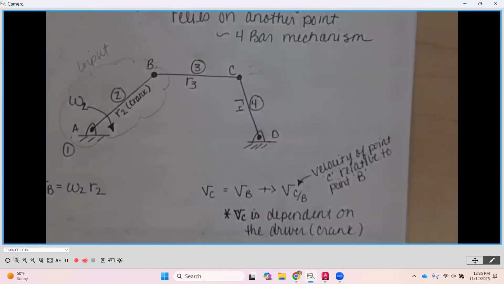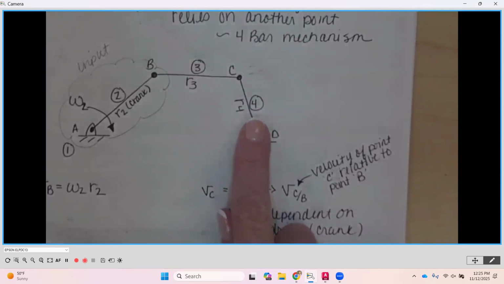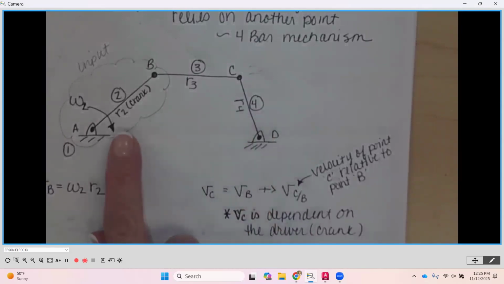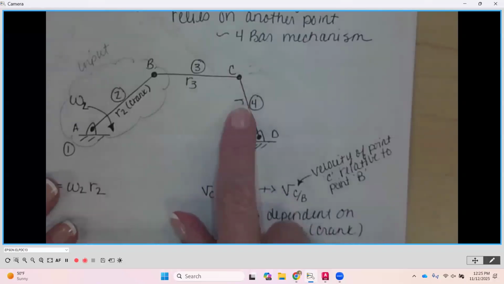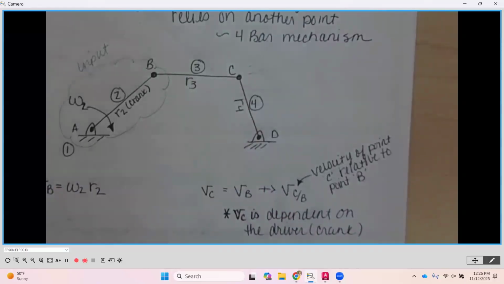And a very common problem is, how fast is number 4 moving? We can't say it's going to be going at the same rate as the input link because many times the lengths of links number 3 and number 4 are probably not the same as link number 2. Most often they're not, in almost all, actually probably all, of the illustrations we looked at.